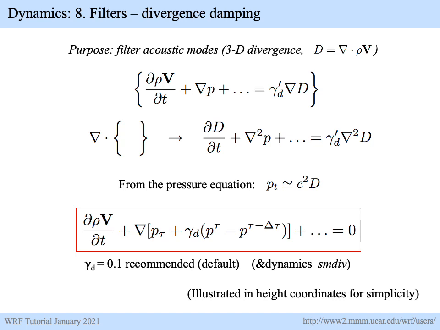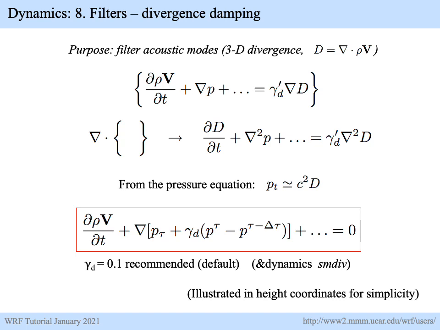This damps acoustic modes preferentially, and it's put into the system by putting divergence damping into the momentum equations, in this case by forward centering the pressure, as given in the red box below.